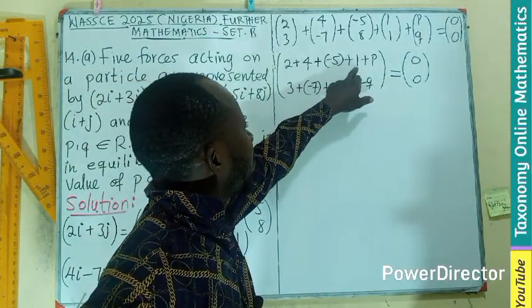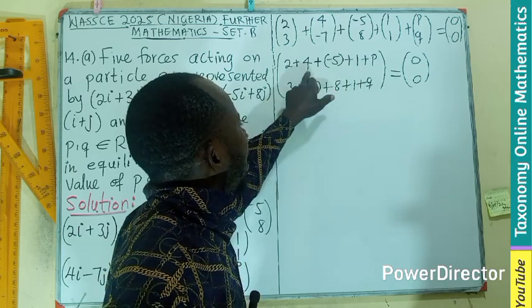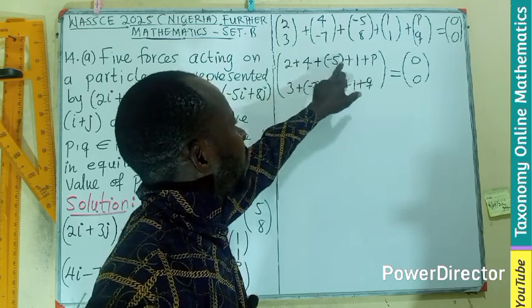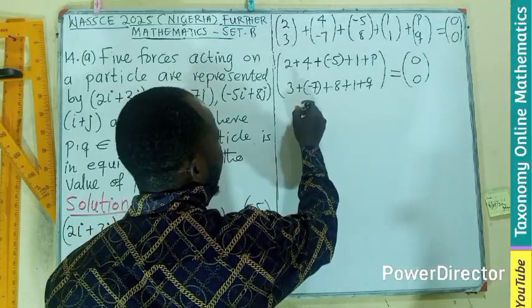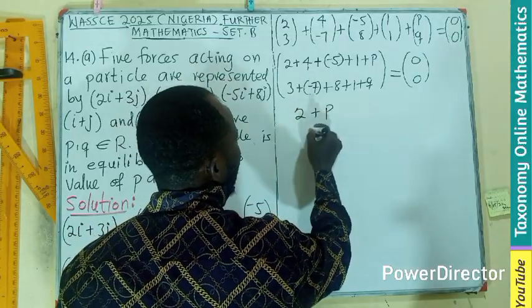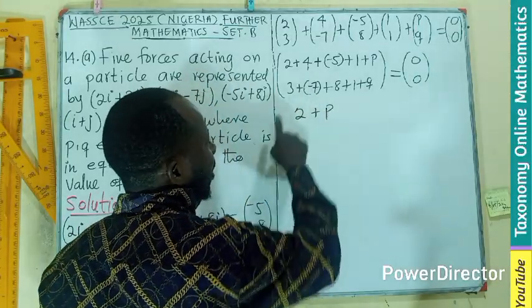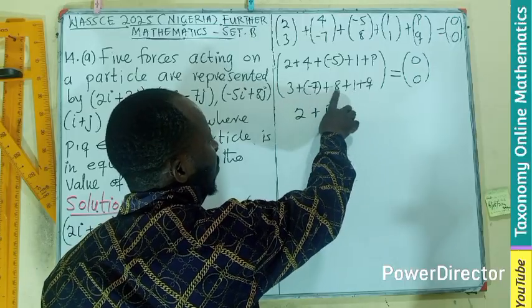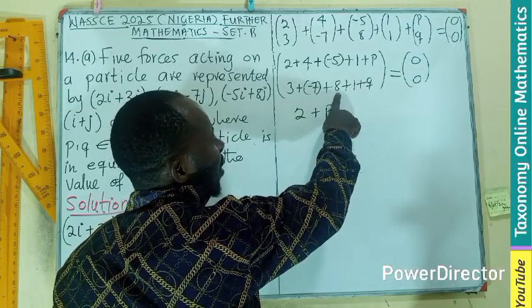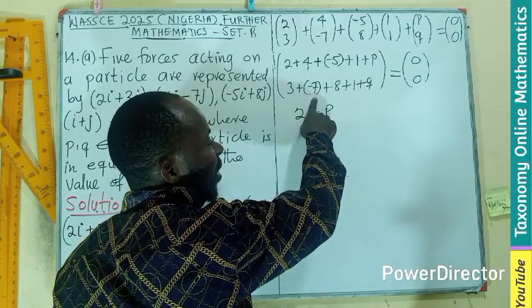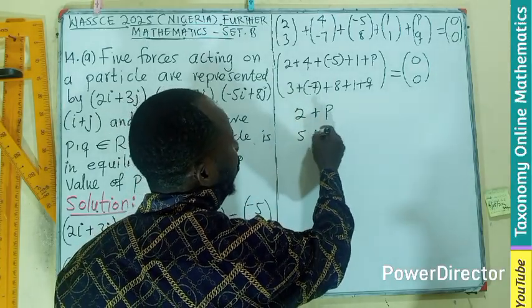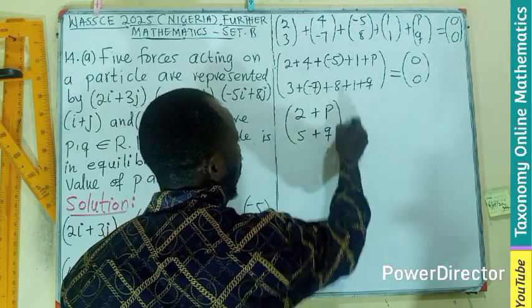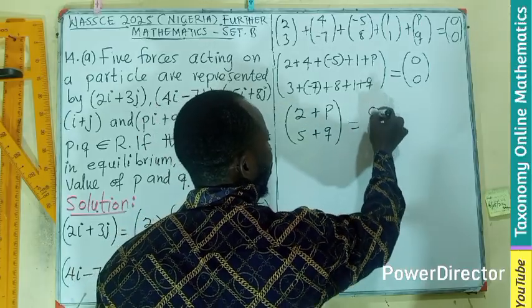This plus this will give you 5. 5 minus 5 will be 0. So I'll be left with 2 plus P. In this case, I have this plus this, 9. 9 minus 7 will give you 2. 2 plus this will be 5 plus Q. All this is equal to 0, 0.